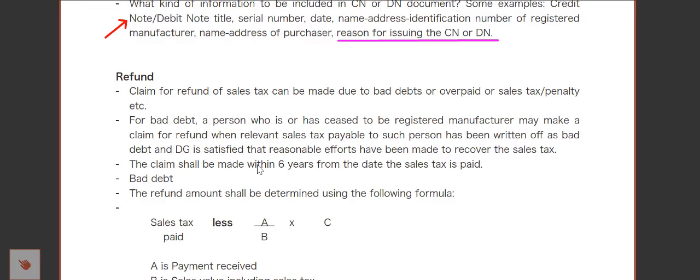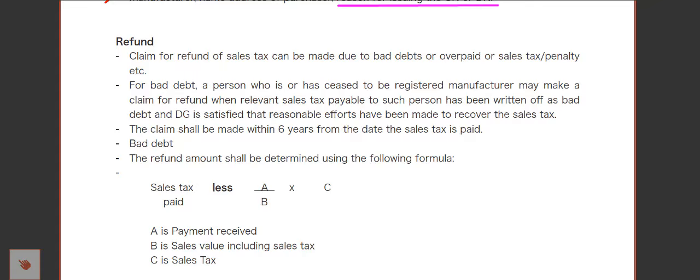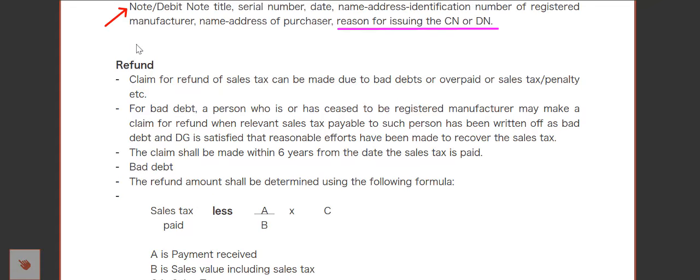Now we have another situation where you can have a refund. What is the difference between refund and credit note? Sales tax deduction is to offset your sales tax payable, and if not enough, you carry forward.